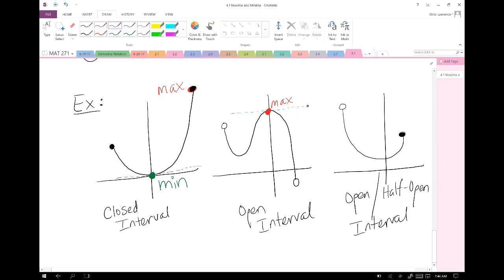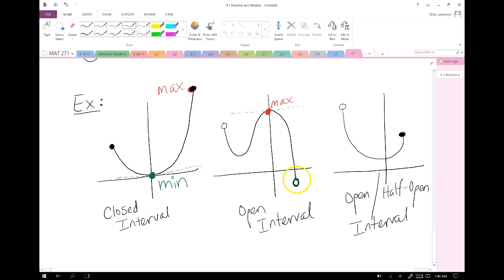However, we do not have a min, because if you try to locate the lowest point on this graph, it looks like it should be here, but because that's an open circle, we're not allowed to use it. So we wouldn't try to get the next closest point, because if you were to try to tell me what the next closest point would be to this endpoint, I could always split the difference in between and tell you a point closer.